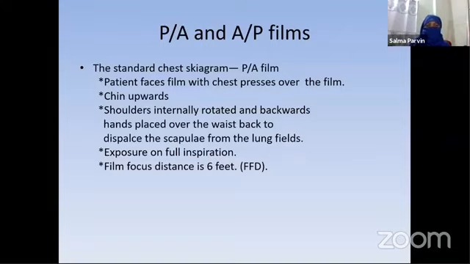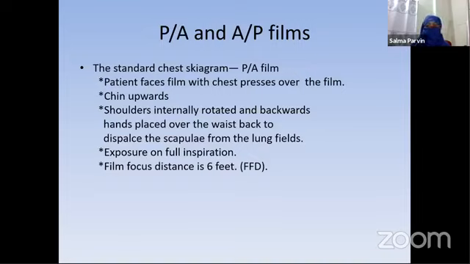The first thing we have to decide is whether this film is really a PA film or an AP film, because the PA film we encounter in every way, but what about the AP film and how is it important?